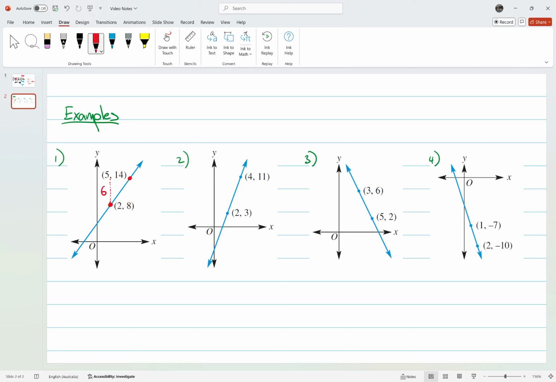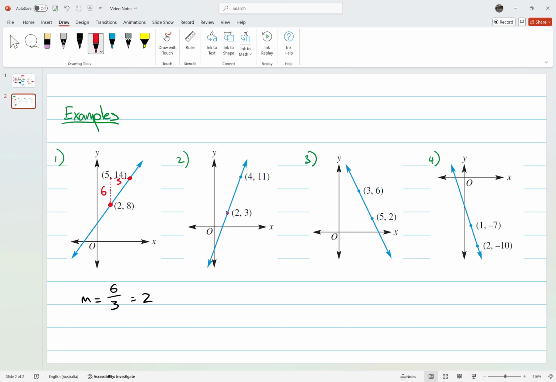Then I need to see how far across I went. Again, from my left point, I started at 2 and ended at 5, so I went 3 across. Therefore my gradient, for which we use the lowercase m, is 6 over 3, and we can simplify that to 2. So my gradient is 2.